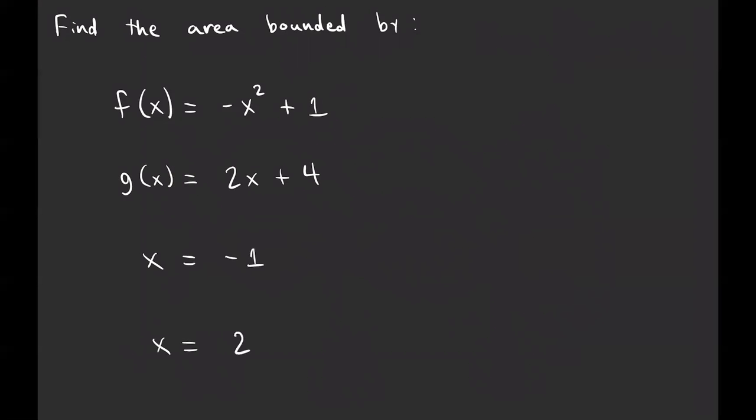And so there's a couple things we got to be careful about here. First, we always want to remind ourselves that the fact that this polynomial is f and this line is g doesn't really mean anything. I could switch these letters and it wouldn't change our answer. So f and g aren't really important as to which is which. And then the second thing we got to keep in mind is, are these vertical lines or are they horizontal lines? And this is easy to get yourself sort of mixed up on.